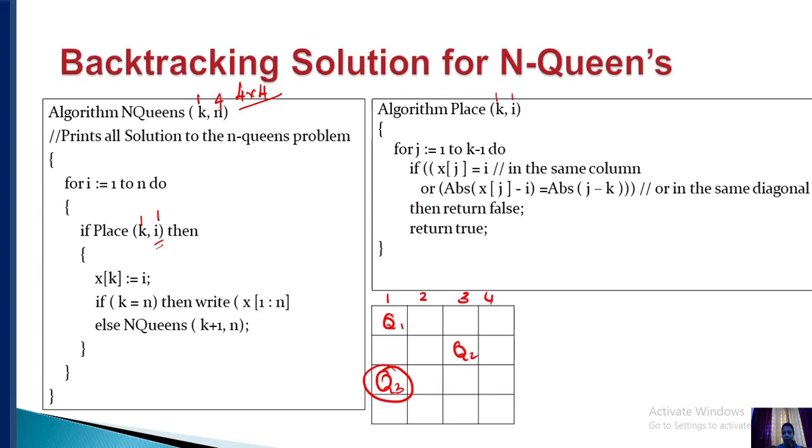So how will we find it? Here we have an array X. In the array X, every time we are placing the correct position of a particular queen. For example, when the first queen is placed in the first position, how does the array look? For queen number 1, we have placed the first queen in the first place, and then for the second queen, we have found the suitable position, position number 3.